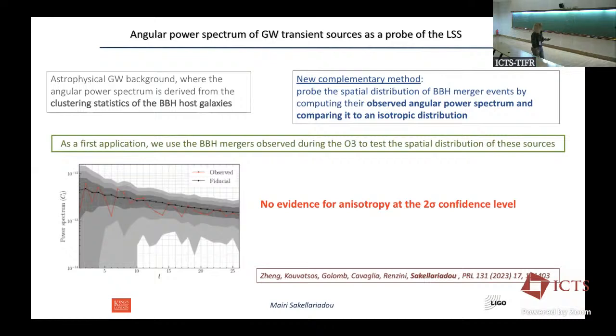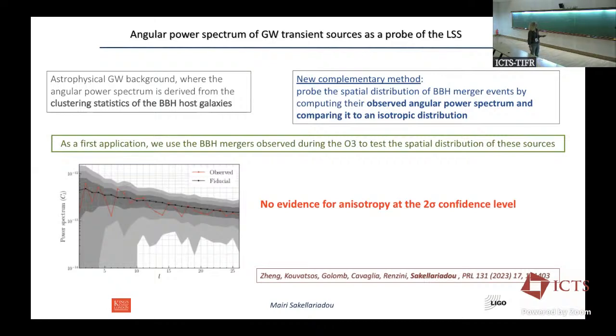So we took this data, and for this complementary approach, we probe the spatial distribution of BBH merger events by computing their observed angular power spectrum and then comparing to an isotropic distribution. By doing that, with the current data that we have up to the third observing run, there is no evidence for anisotropy at the 2 sigma confidence level. Once the data become much bigger, I believe that this approach will be rather powerful and independent of any galaxy catalogs.